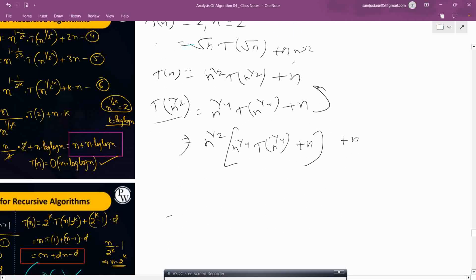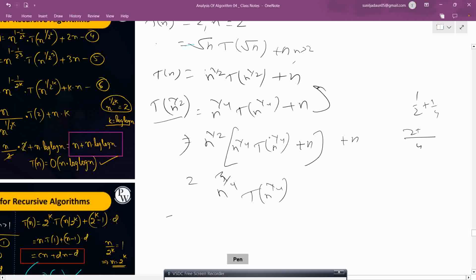If we solve this again, it would be 1 by 2 plus 1 by 4, 3 by 4, T of n power 1 by 4 plus n.